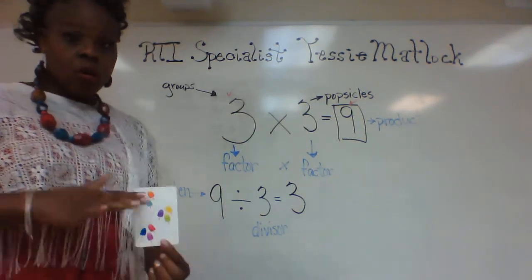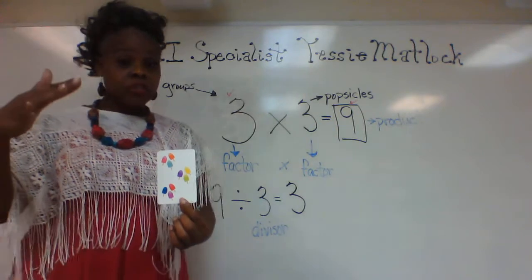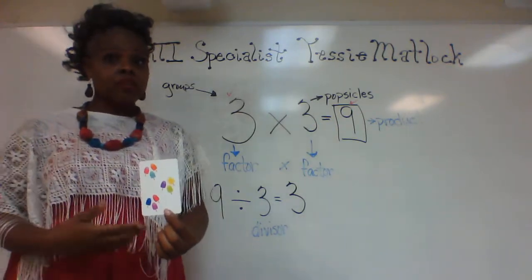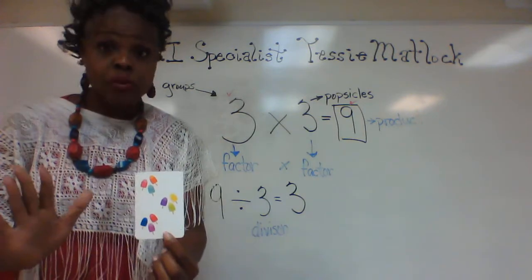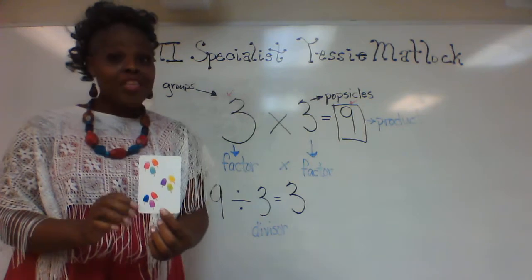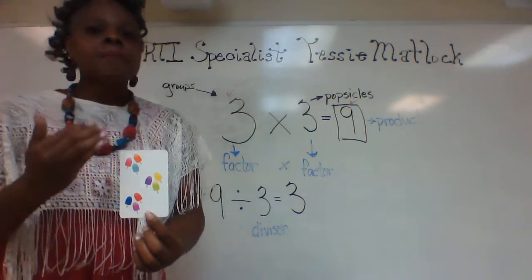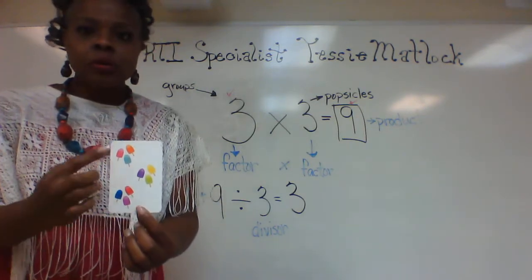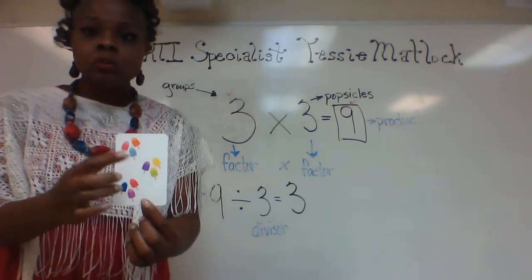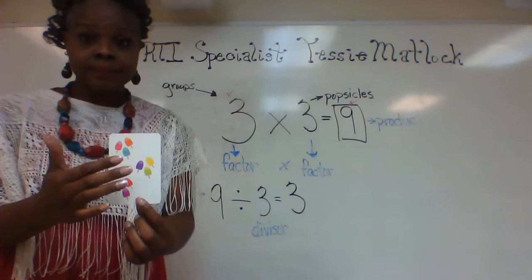So for older math learners, that's to my 5th, 6th, 7th, 8th graders, that's the distributive property. Oh, that's another lesson that we will have. Each group of 3 was distributed a popsicle equally.